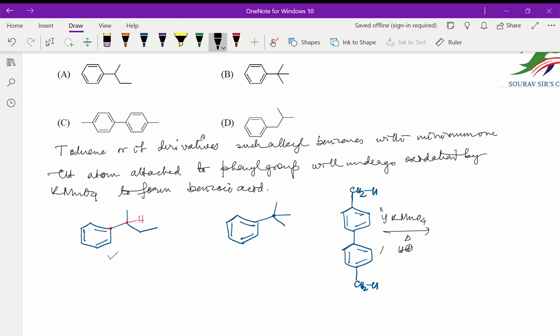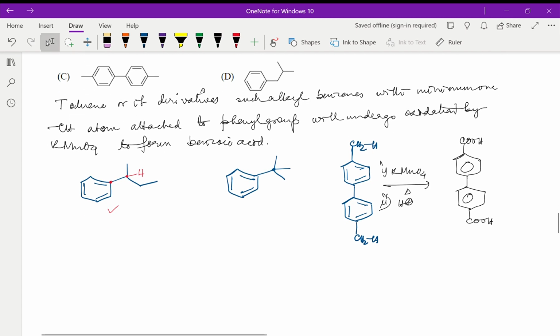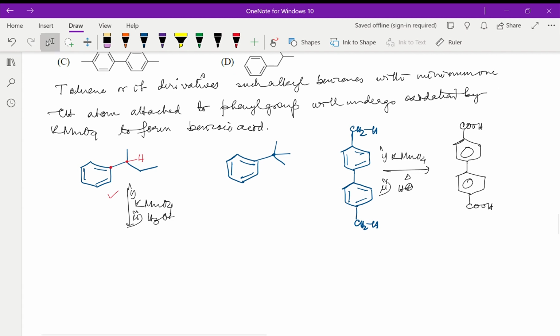So this is my first reagent, and that is my second reagent. The product I will get here, even after oxidation, is not your benzoic acid. Your benzoic acid basically is this. Here we have KMnO4, but the question is not whether it undergoes reaction with KMnO4. They have said it should form benzoic acid as the product, so we have to negate option C also.